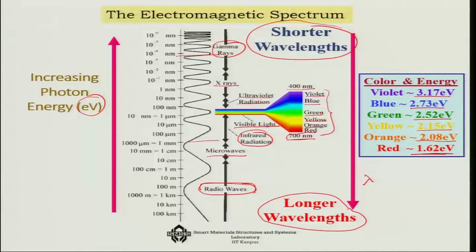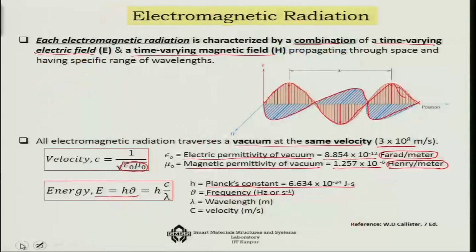You know the wavelength, you can then find out the frequency, and as you know the frequency, you can find out the energy content corresponding to this. In fact, the wavelength and the frequency are simply related by nu equals c over lambda. In other words, if I know lambda and I know the velocity in the medium, then I know the frequency. So I should be able to find out the energy for a particular wavelength.